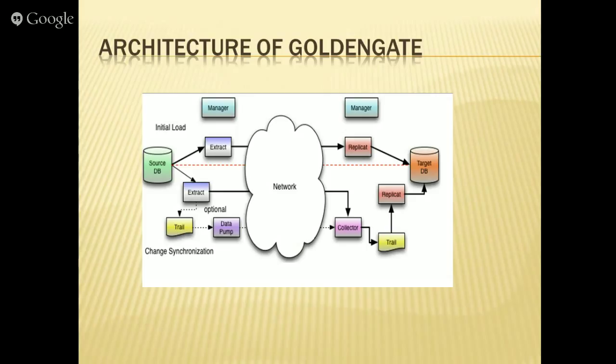The data pump can also be useful in cases of complex filtering and transformation of the data, as well as when we are doing consolidation from multiple sources to a central target.